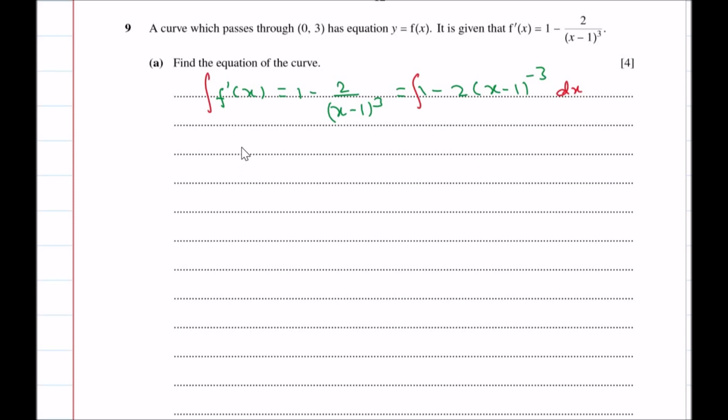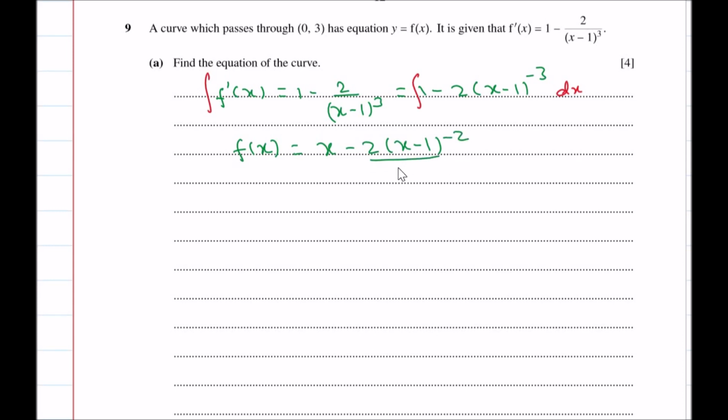So what we got? F dash x becomes f(x). For 1, if we integrate, we get x. So write here x. Now for minus 2, and we have (x minus 1) to the power minus 3. So we need to add 1 to the power. So if you are adding minus 3 plus 1, we get minus 2.